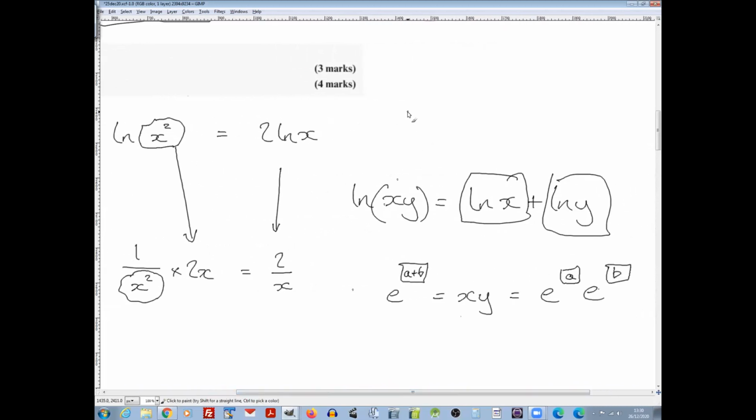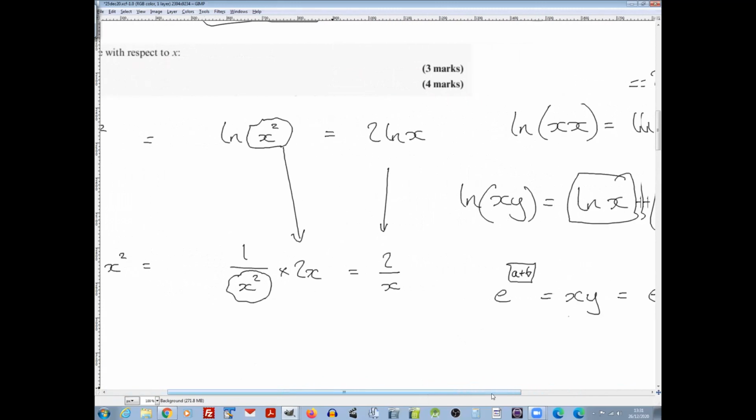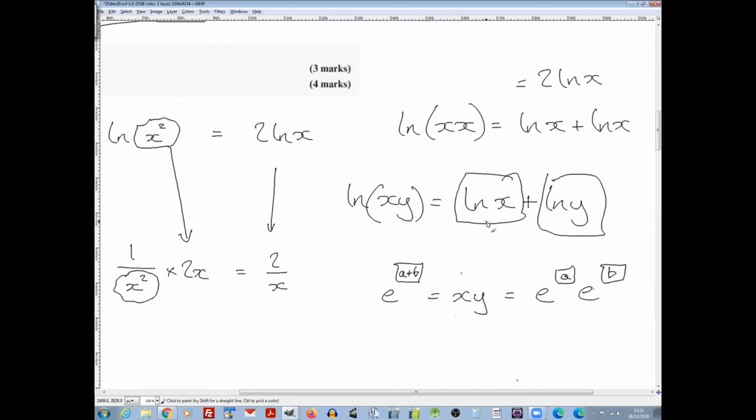Well, in that case, what about log of x times x? Ln x plus ln x. And can you simplify that? 2 ln x. Which is how log of x squared equals 2 log x. Oh yeah. Okay. So here's another mechanical log rule that you must learn mechanically.